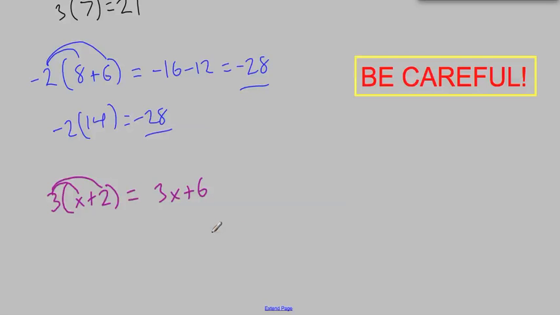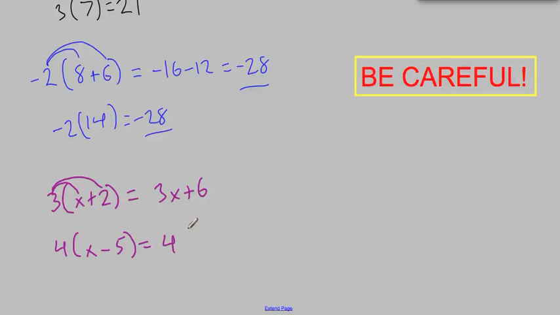Now I'll bring up 2 points here really quick. What about 4 times x minus 5? Well, I said it has to be multiplied over addition, right? But remember, we can think about subtraction as adding a negative.